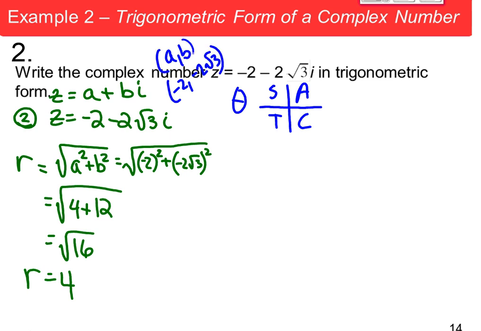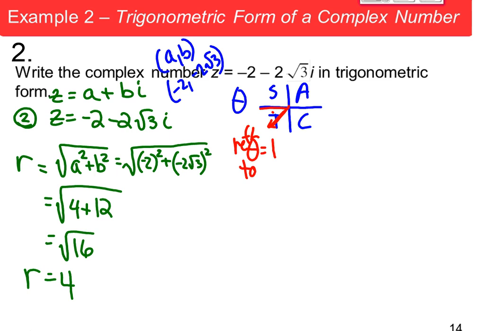And I don't care exactly where they are, but I want to see what quadrant they're in. So the a is negative and the b is negative. So that means to me that this would be someplace down here, wherever that is. So I'm going to think about the reference theta that is right there. And so to find theta, or my reference angle, I'm going to take the arc tangent.